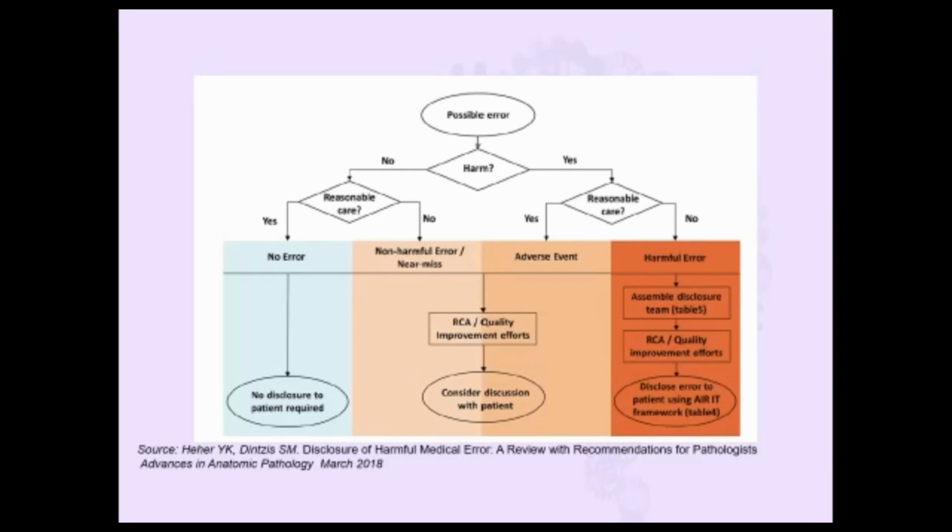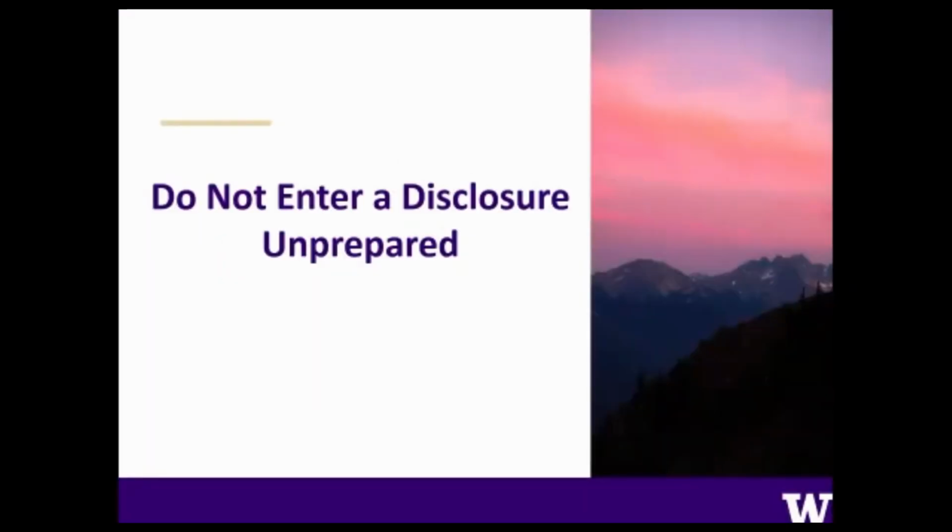If the answer is no, then you're in a negligent position, and you should almost definitely disclose that error, at least call your risk management, start to get involved. On the other end of the spectrum, no harm, care is reasonable, then probably most professionals and pathologists would favor no disclosure to the patient as required. So this is just one approach. And then, of course, the middle is the difficult part.